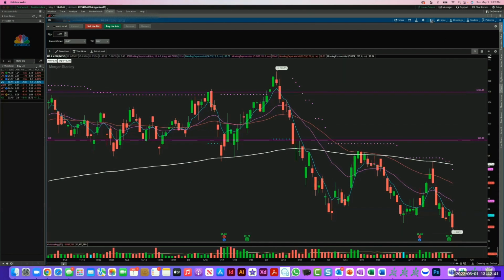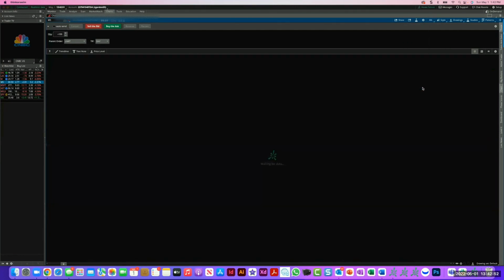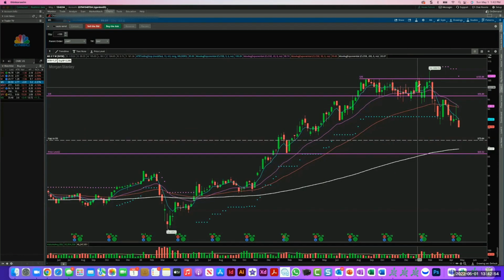And if we look at Morgan Stanley, this is more of a sideways movement. You wouldn't think that by looking at the chart, but this is more of a sideways movement. So if we go to a weekly chart, for example, it just broke out of a consolidation here to the downside. So it's just starting its move down.